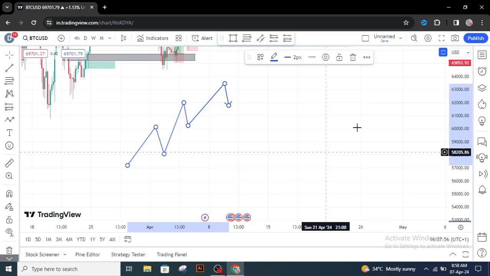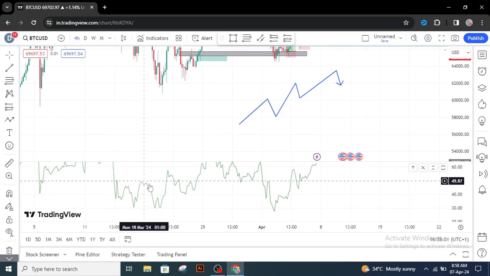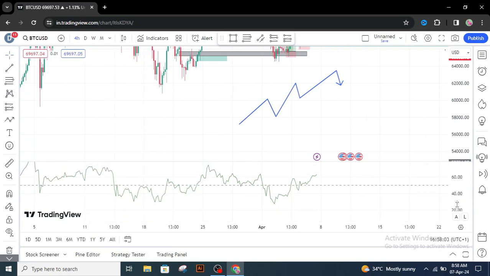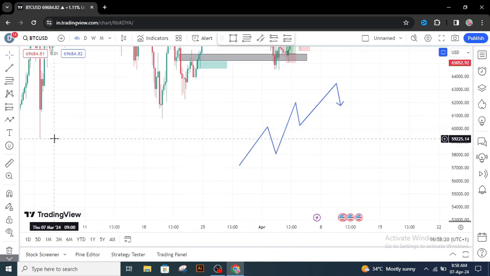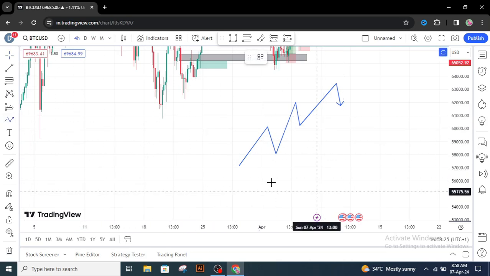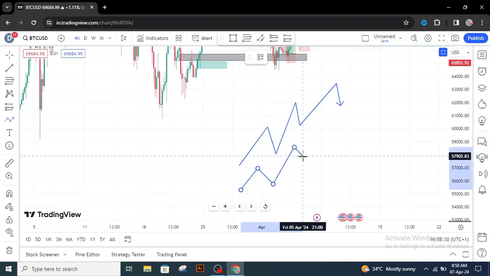Okay. You see your RSI, which is this indicator, when you are having this kind of movement, your RSI should also be making similar movement: higher high, higher low, higher high, higher low. But in a situation whereby you have a higher high, and your RSI does something like this, let's say your RSI is also following higher high, higher low, higher high, higher low.